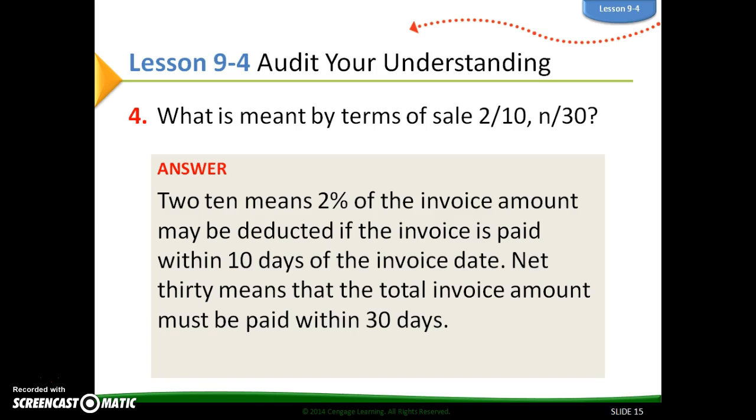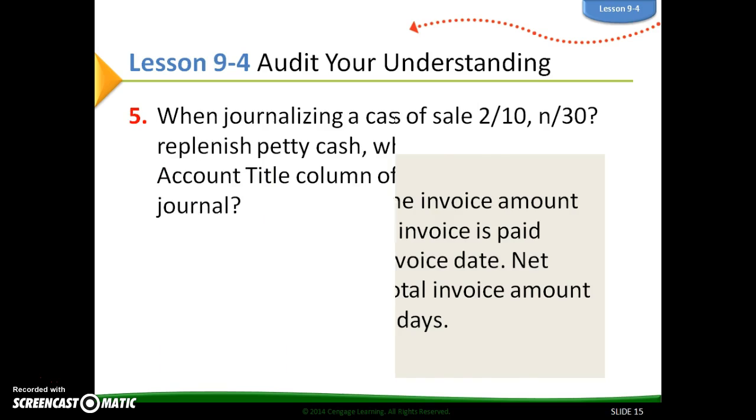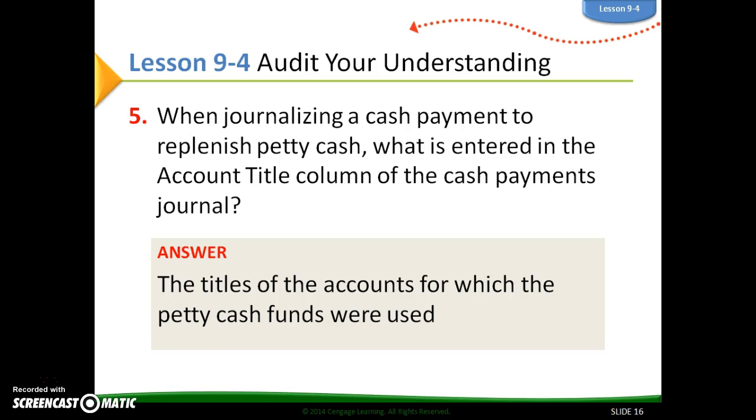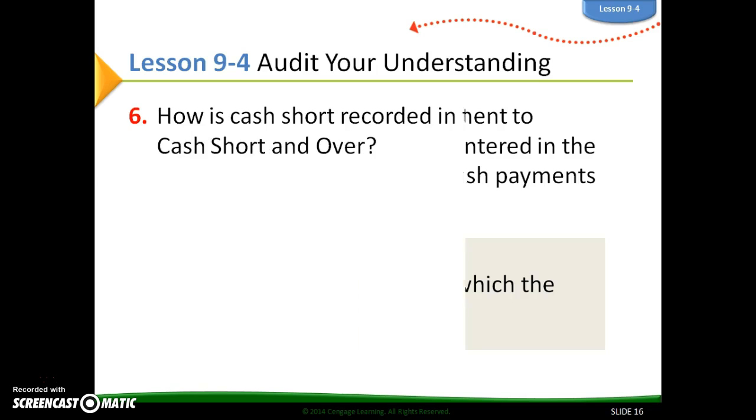Other than that, your invoice is due net 30, so the whole amount is due in 30 days. When journalizing a cash payment to replenish your petty cash, what is entered in the account title column of the cash payments journal? The titles of each of the accounts where the petty cash funds were used. Those are the titles that you would enter, and we did see examples of that.